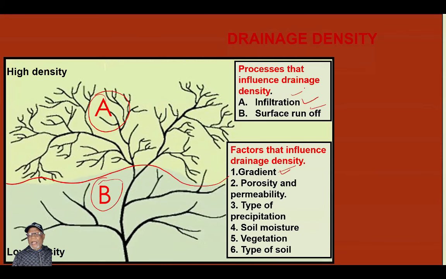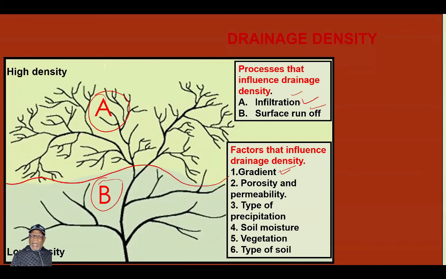Sometimes they say explain how vegetation influenced density at A. Then you say at A, there is less vegetation. Because of less vegetation, there is more surface runoff and there is less infiltration. That is why the density at A is higher.